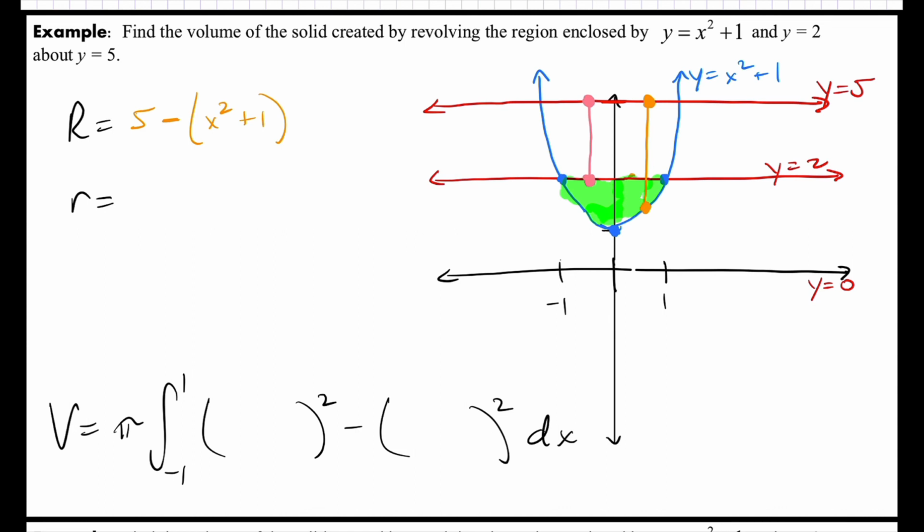So the axis of revolution to the inner boundary. So 5 minus 2 this time. That's going to be little r. So when I distribute, I get 5. Actually, let me do that first. 5 minus x squared minus 1. So we get 4 minus x squared. 4 minus x squared. And then the other one's just going to be 3.